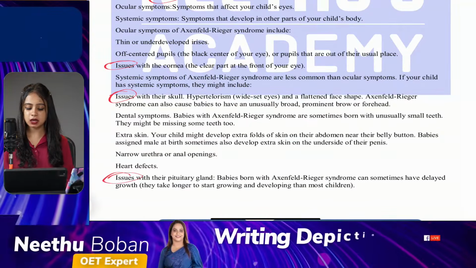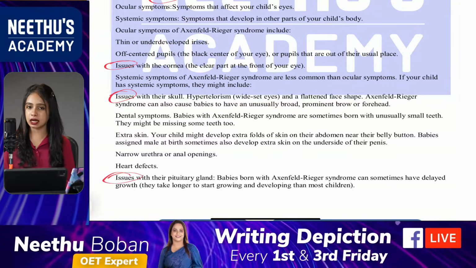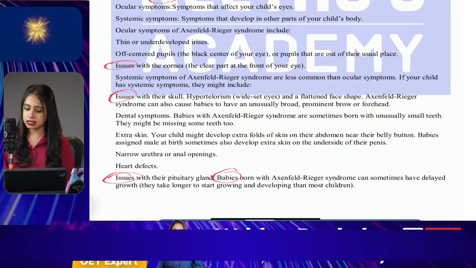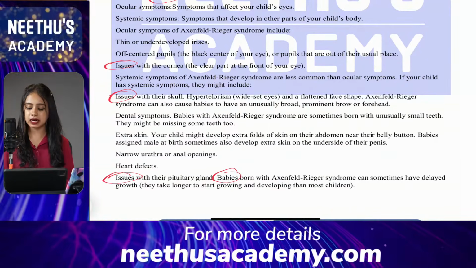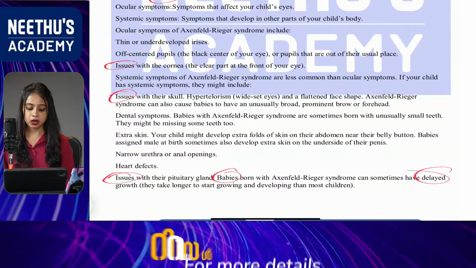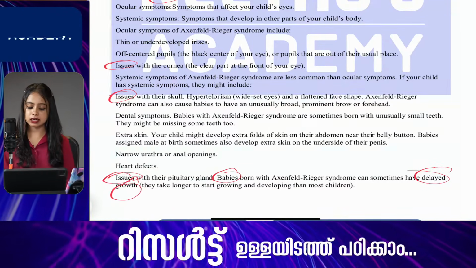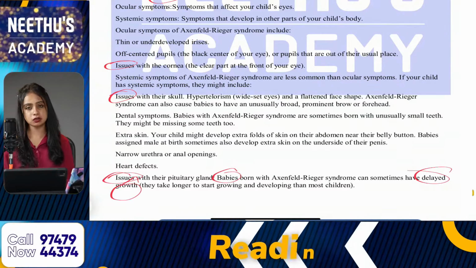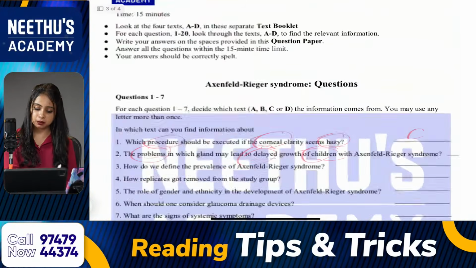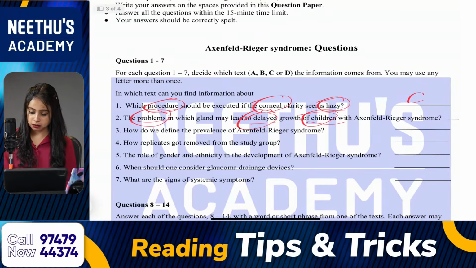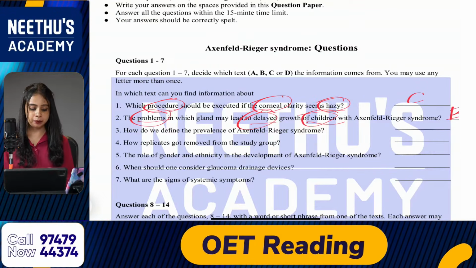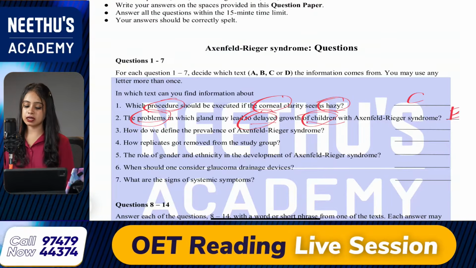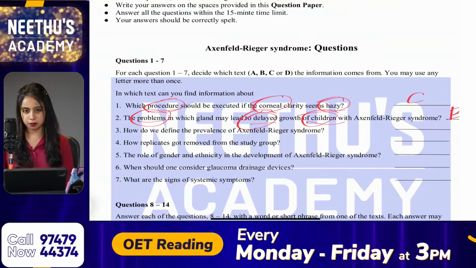Issues with their pituitary gland. Babies born with Axenfeld-Rieger syndrome can sometimes have delayed, my other keyword, growth. They take longer to start growing and developing than most children. So my answer should be B.